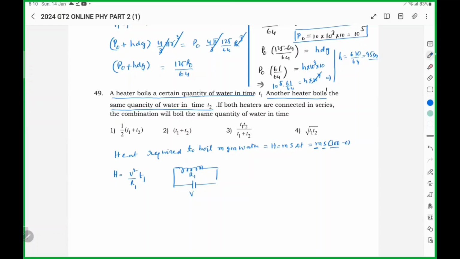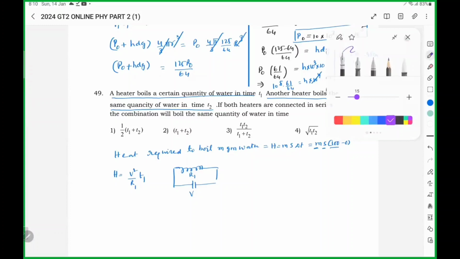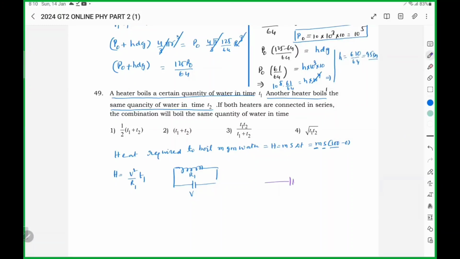Another coil, using the same battery, but resistance is different. So here heat produced will not change. Potential difference is not changing. Resistance changes, time changes. So here R1 is V square T1 by H, and R2 is V square T2 by H.